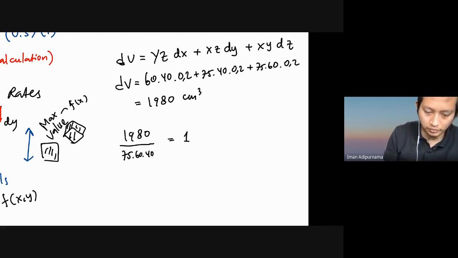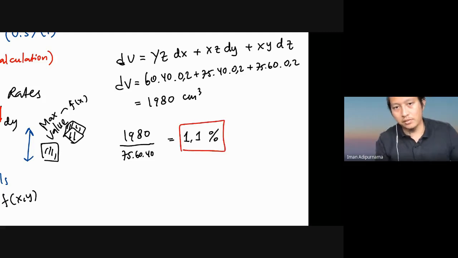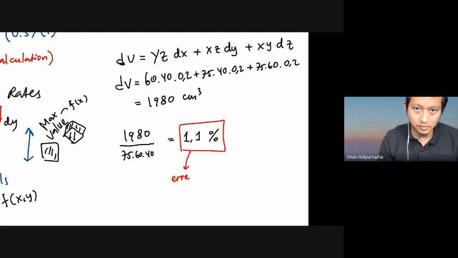If you look at it, it is around 1.1%. So this is the amount that we are going to find. So this 1.1 is the error percentage. Error percentage of volume.